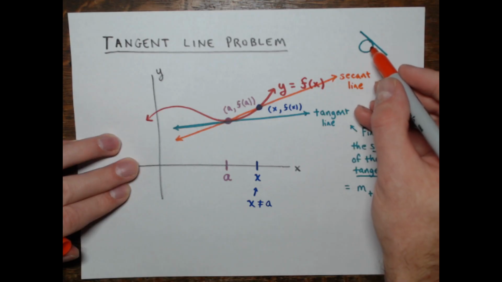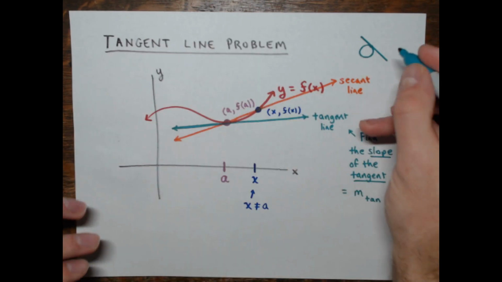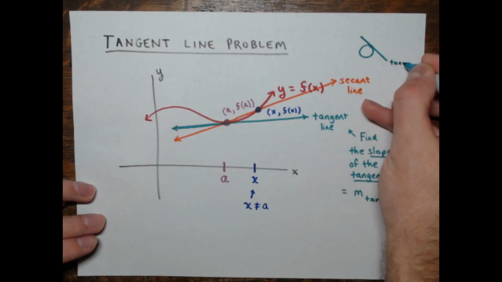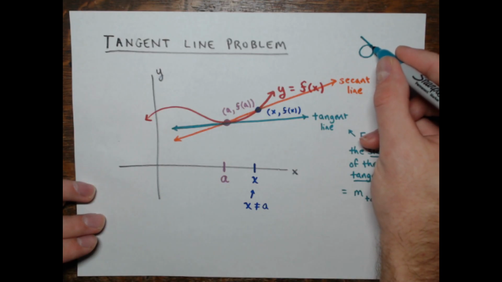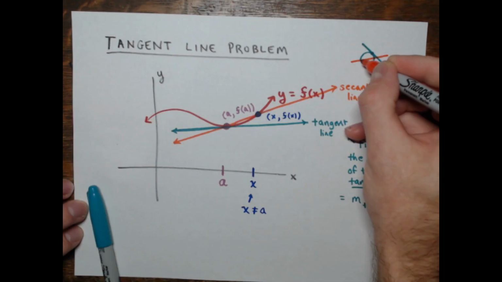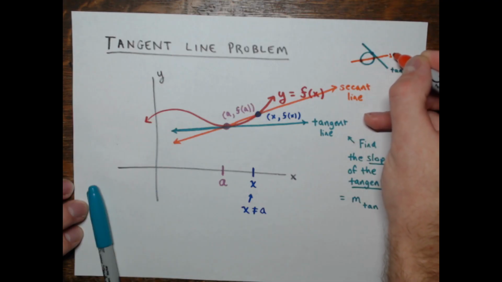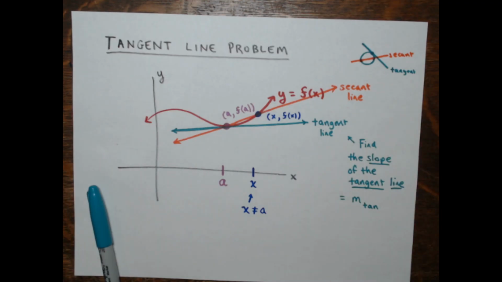Just like with circles. Remember for circles, it's got a similar definition. A line was tangent to a circle when it hit just 1 point, and any line that cut through the circle was called a secant. So it's kind of similar to those terms from geometry.